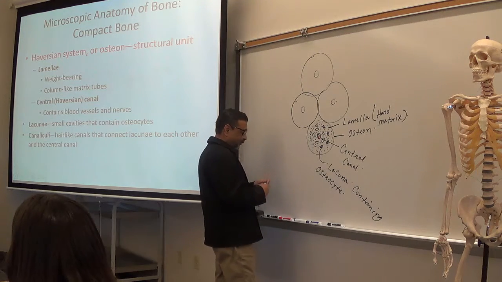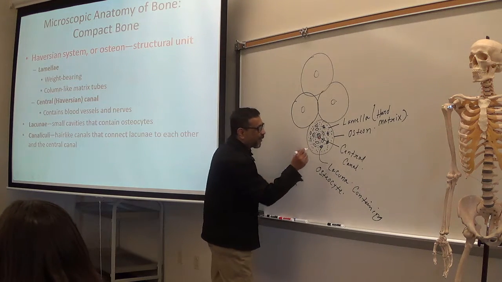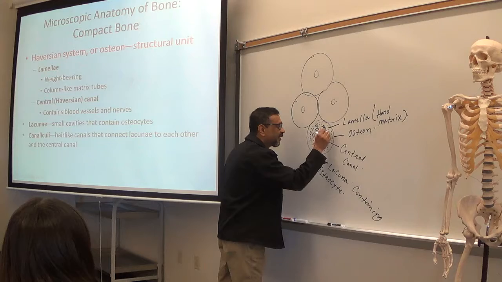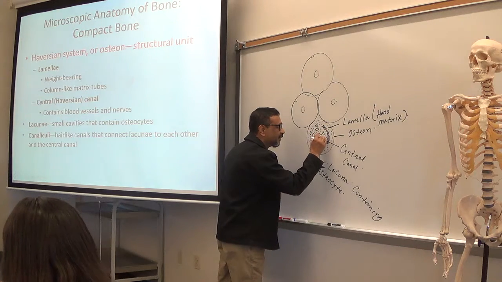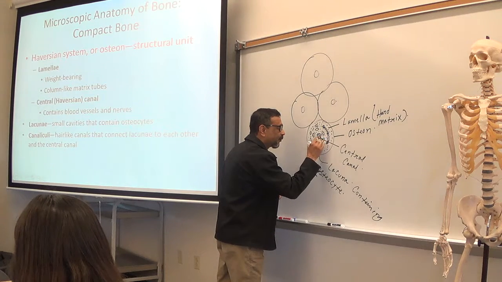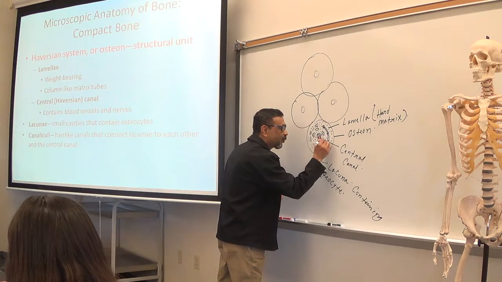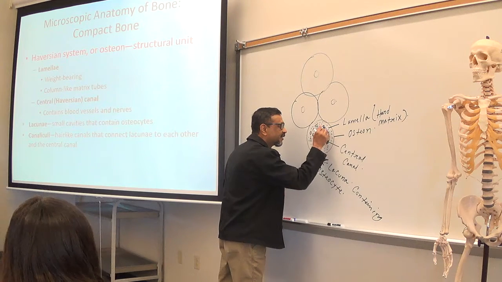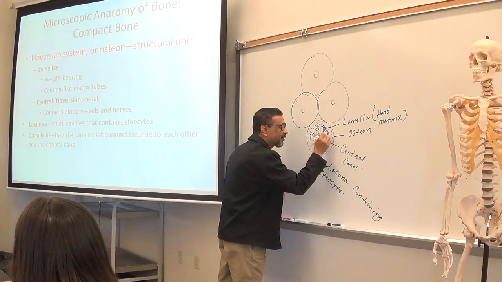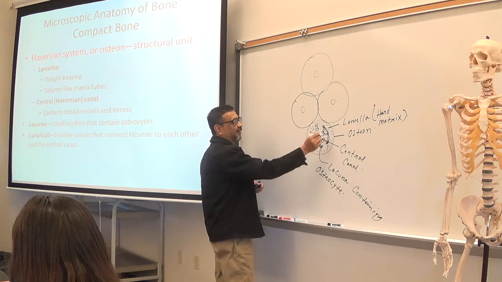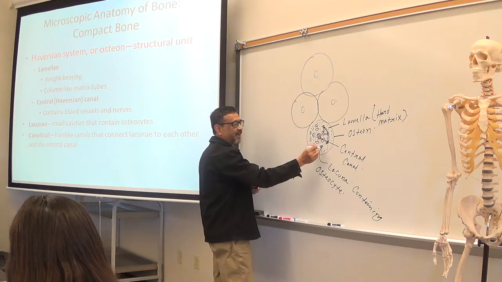Another thing you will see, the lacunae are connected to each other by fine, thin hair-like channels, like this. Central canal to lacunae, as well as lacunae to lacunae. And these fine channels take the nutrition and oxygen from one lacuna to another to keep the osteocytes alive.